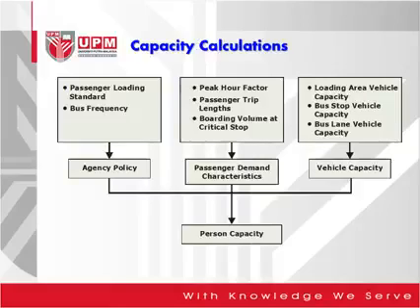It's not only the policy set by the government, but also the policy set by the bus operators, the passenger loading standard, and also the bus frequencies. The second one is passenger demand characteristics: the peak hour factor, passenger trip length, and the boarding volume at the critical stops. And the last one is what we explained in the last slide. It depends on the loading area, bus stop, and the bus lane capacity. So altogether, these 3 factors will influence the person capacity.